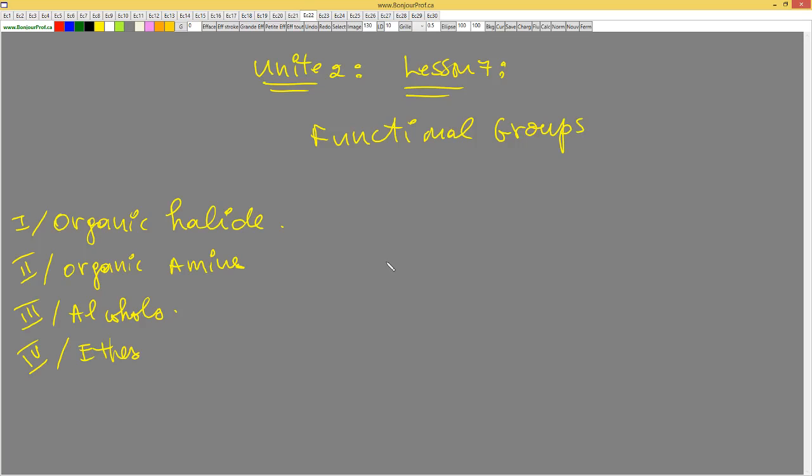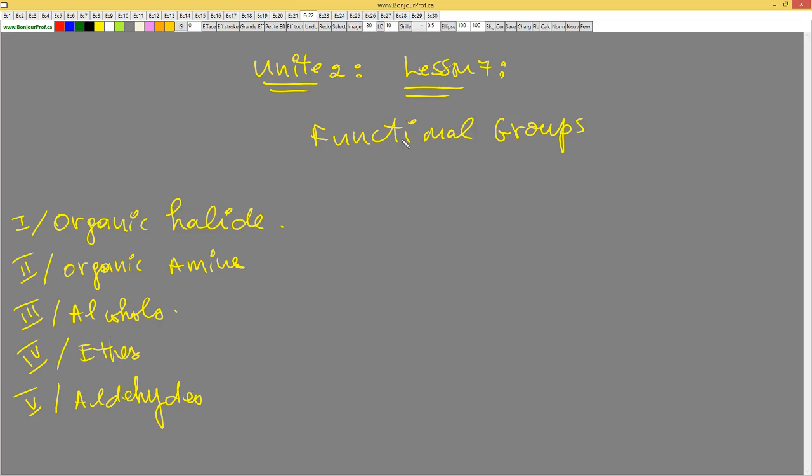So here we are going to continue on unit 2, lesson 7, part 5, and now we're going to speak about aldehydes. So what is an aldehyde? It is a compound with a carbonyl function.